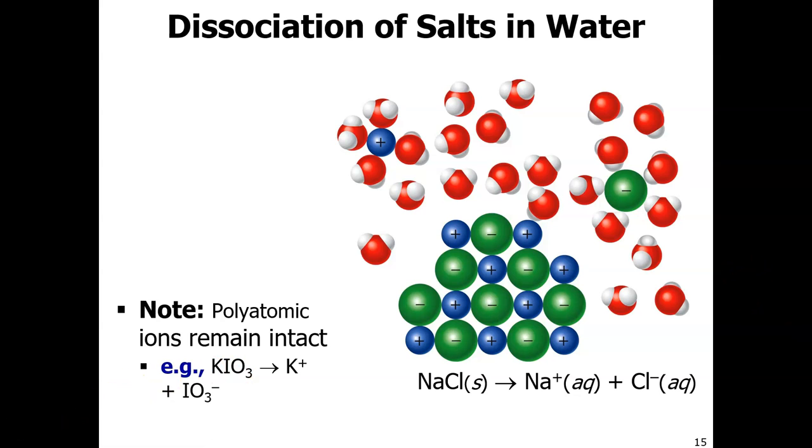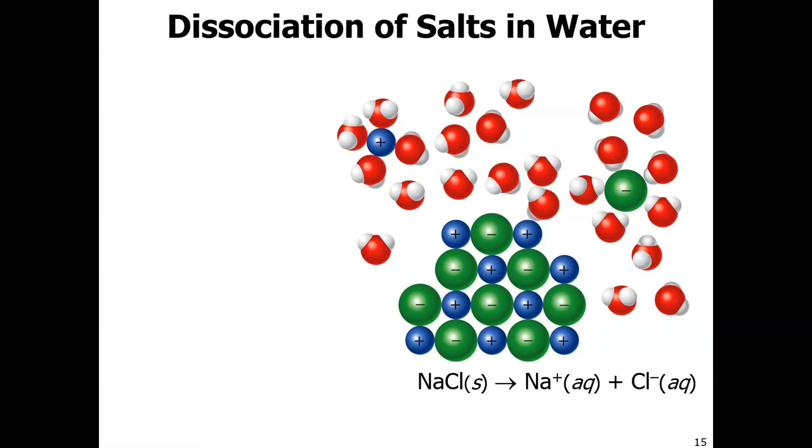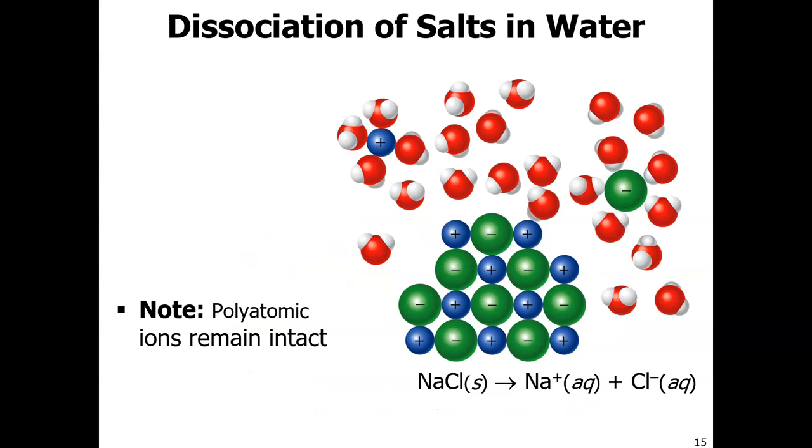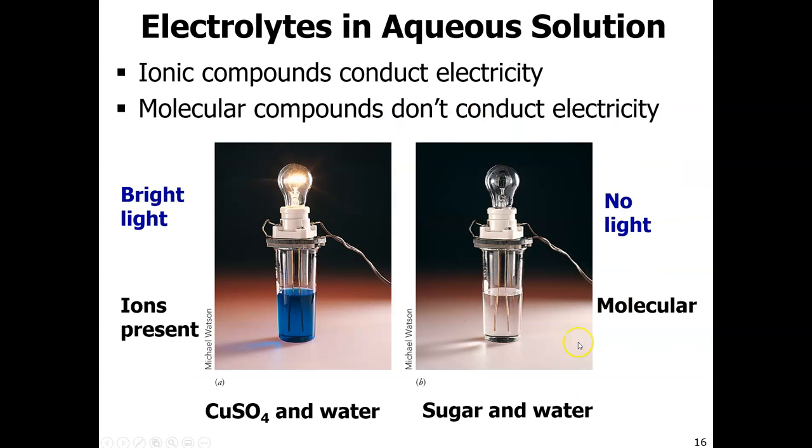So what is the difference between ions and molecular compounds dissolving? Well, there's actually an important difference, and we can look at that difference by running electrical currents through the solution. Compounds may have full positive or negative charges, or they may be soluble for other reasons, for example, having intermolecular forces that allow them to dissolve in the water.